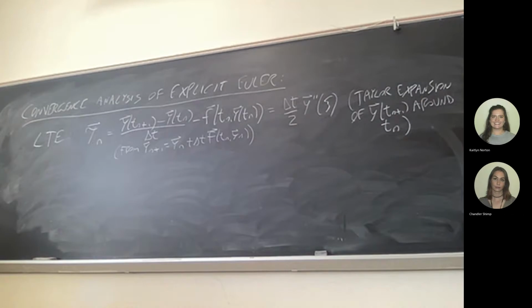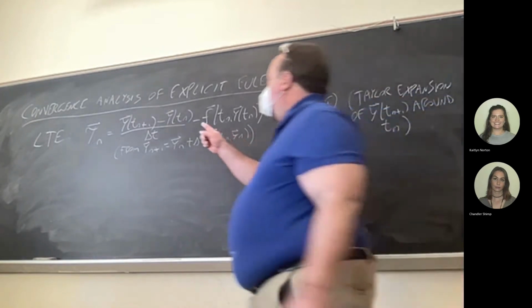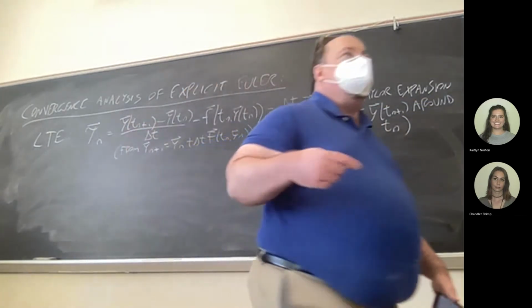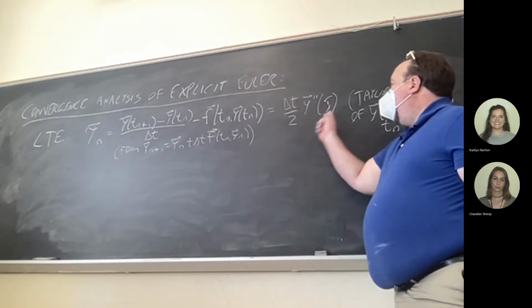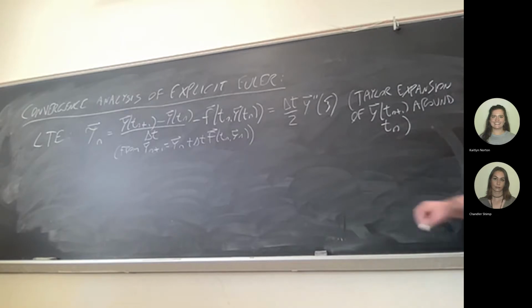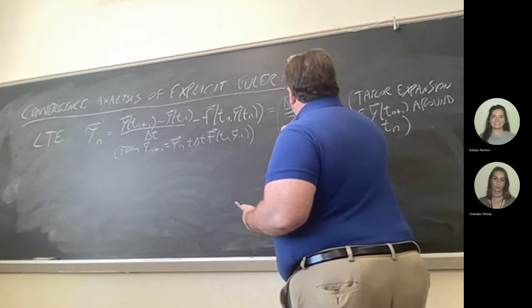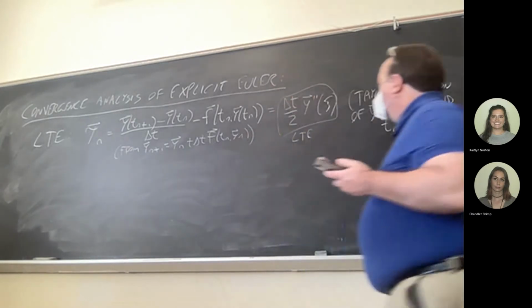I won't go through all the details, but if you substituted the Taylor expansion in here and simplified as much as you can, keeping in mind that y is the exact solution, so y prime is equal to f, then everything cancels and you're left with this, which is the Taylor remainder. So this right here is the local truncation error.